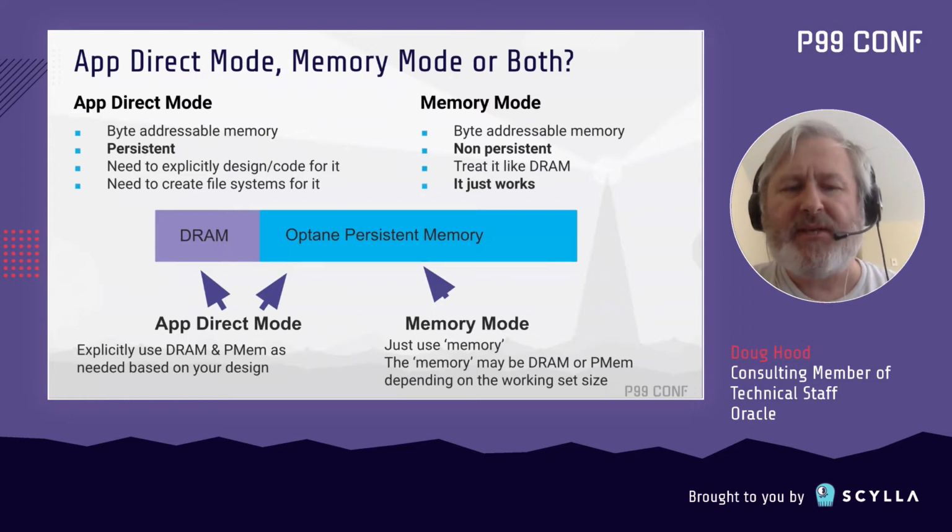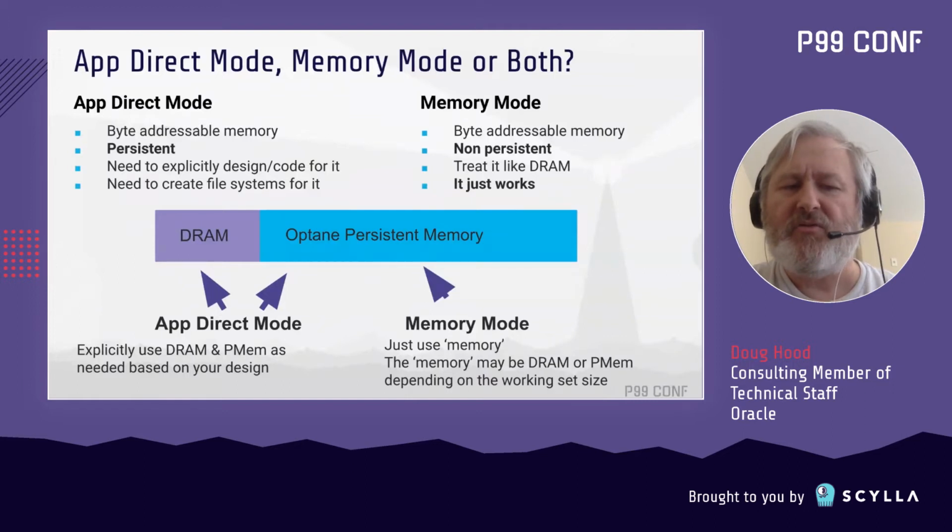With Intel Optane Persistent Memory, there's basically three ways that you can access memory. If you're using app direct mode, you have the choice of directly accessing DRAM for ultimate performance, or choosing to use the Optane Persistent Memory, which is slightly slower but has the advantage of giving you persistency.